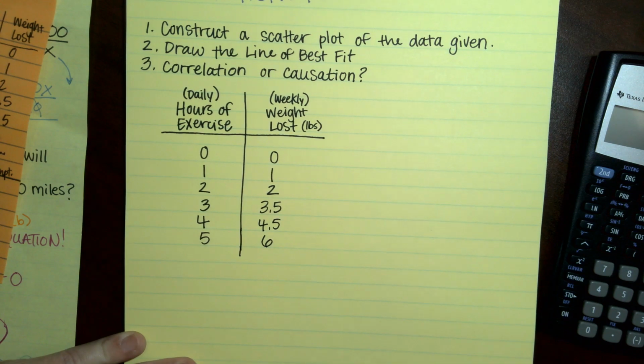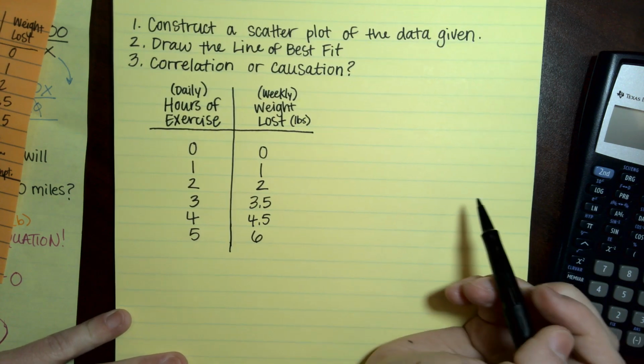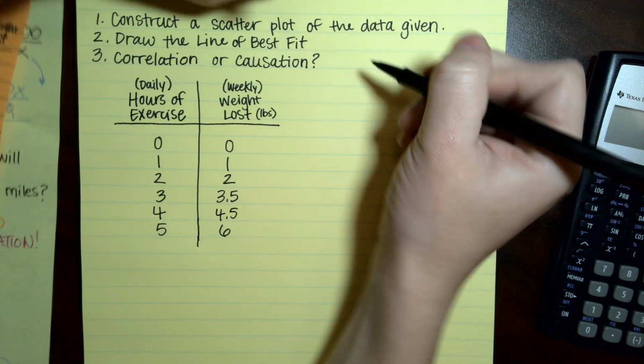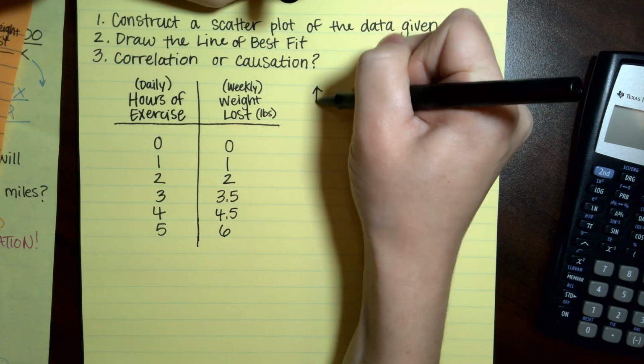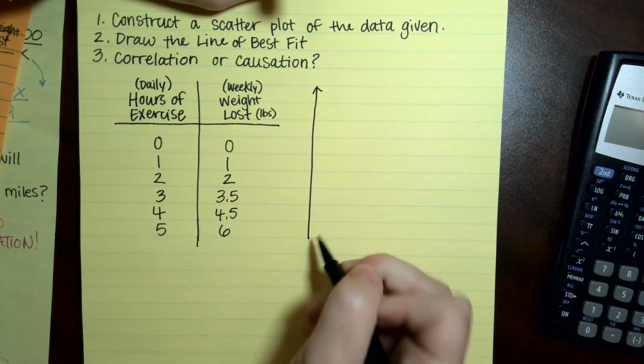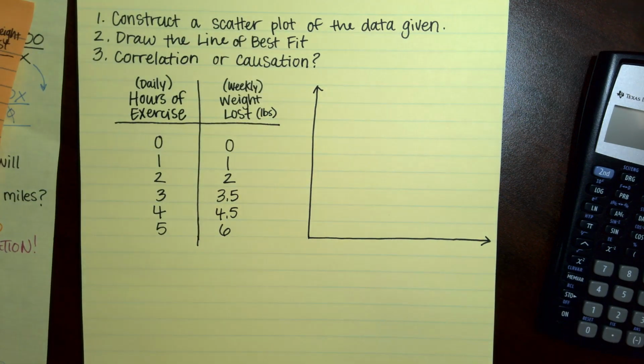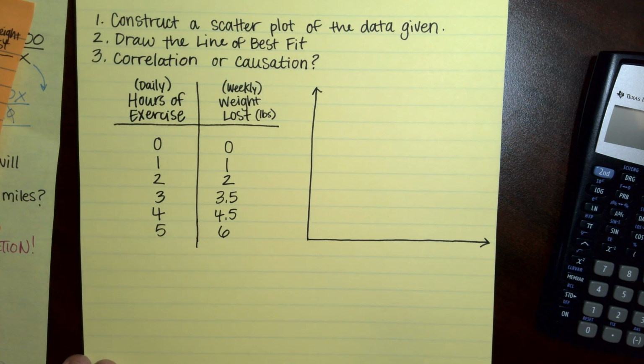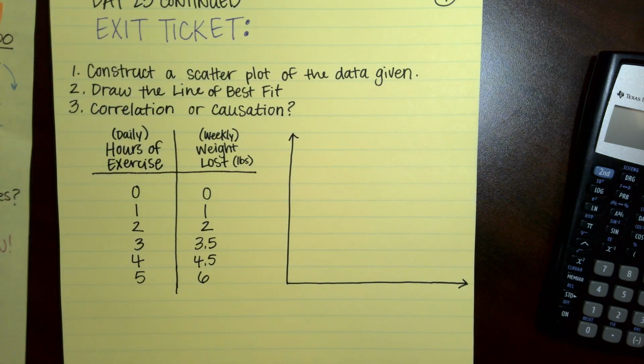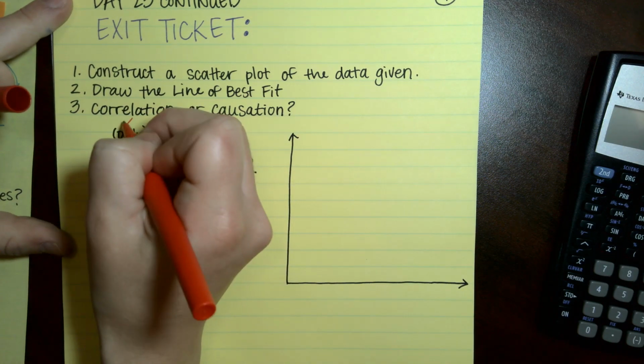Okay. So, I want you to construct a graph, and I'll go ahead and remind you guys, we just need an X and a Y axis like this. We don't need to draw all 4 of the quadrants. And I'll go ahead and give you your X and Y.